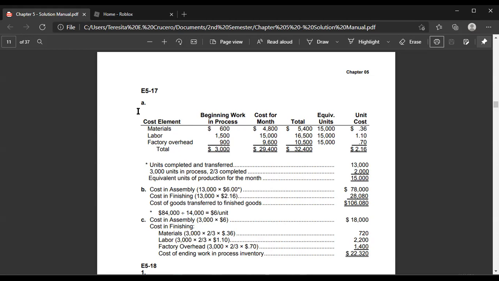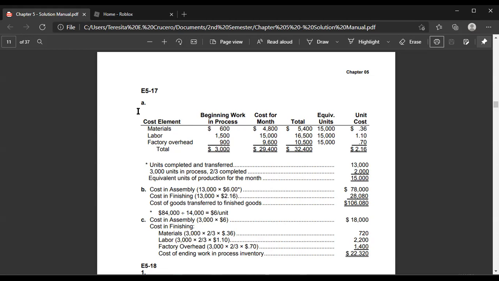Then the cost for the month for materials, labor, and factory overhead: materials 5,400, labor 16,500, and factory overhead of 10,500. So the total is 32,400.